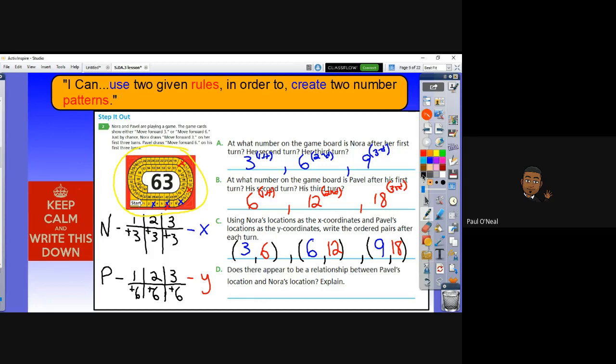The relationship that they noticed between Pavel's location and Nora's location, they said, yes, there is a relationship, and then stated what it was. They noticed, and you can say it one of 2 ways. Nora's numbers were half of Pavel's numbers, or you could say Pavel's numbers were double Nora's numbers. So the fact that it says, does there appear to be a relationship between Pavel's location and Nora's location?